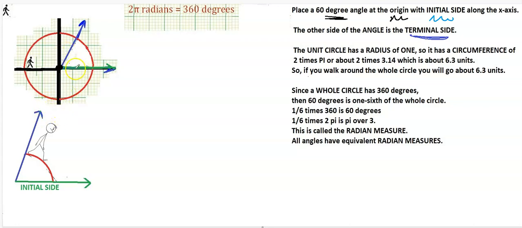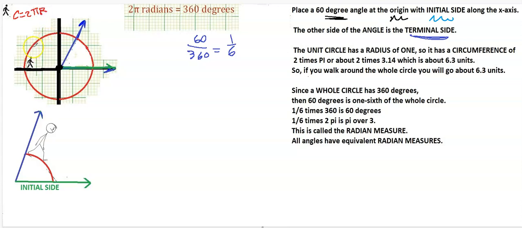Now, this angle cuts an arc on the circle. The angle is 60 degrees, so if you compare 60 to 360, you get 1/6. So we're going about 1/6 of the way around. All the way around is the circumference of the circle, which is 2 pi r.